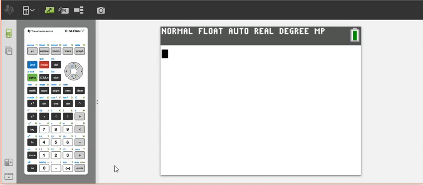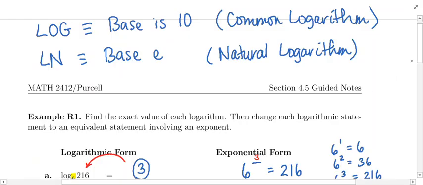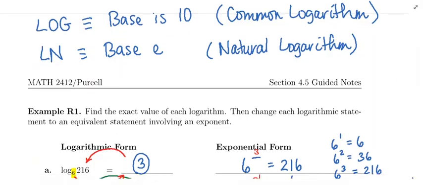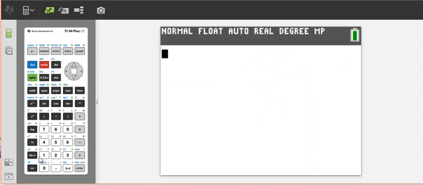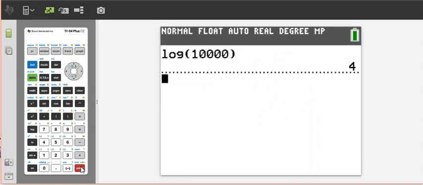We can check what we did in parts C and D really quick. For part C, we could have punched in log of 10,000, and you would get 4.